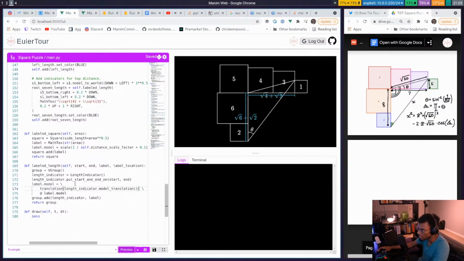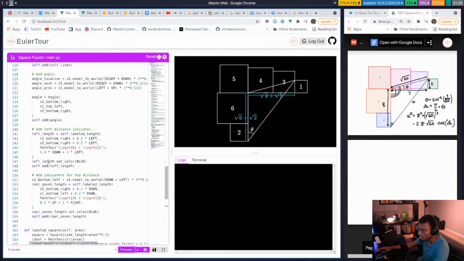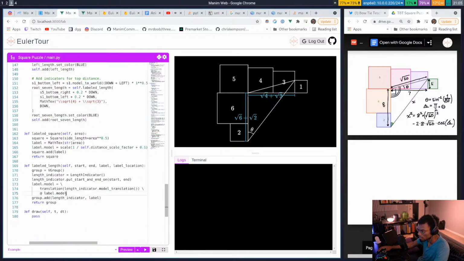Well, it's not offset. But this one will just be like left, I think. Maybe. And this one will just be down. And then this can be label offset plus this.